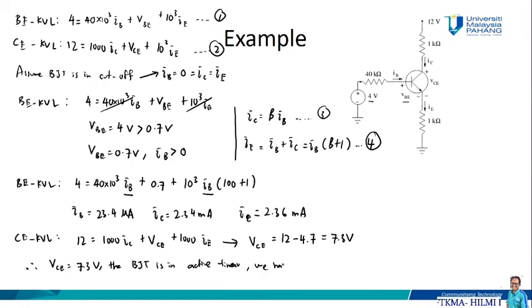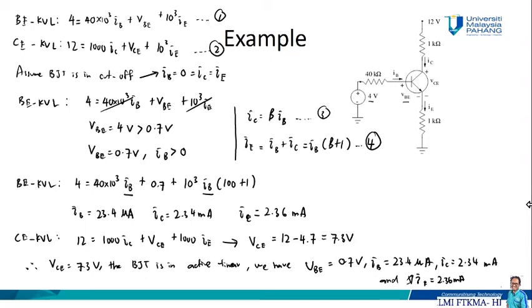We have also VBE equal to 0.7 volt, IB equal to 23.4 microamp, IC equal to 2.34 milliamp, and IE equal to 2.36 milliamp.